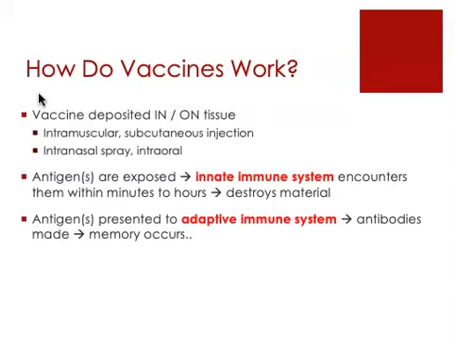Part of why vaccination is so important is because it creates within our immune system a memory of the pathogen, so that later on in life, if we get exposed, we will mount an immune response more quickly. We will produce antibodies more quickly and hopefully prevent disease.